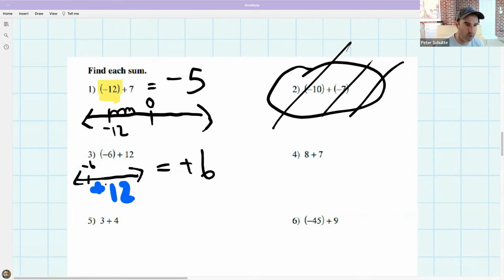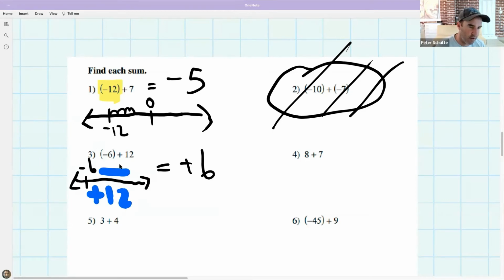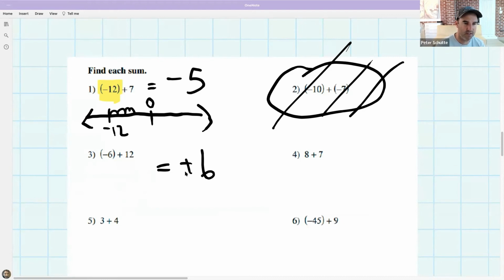Maybe I should do my little drawing again. It's a bit messy. If you think about my number line, I'm at minus 6, which is in negative land. And then I have to move up from plus 12 in that direction. And what do I get to? I get to plus 6.